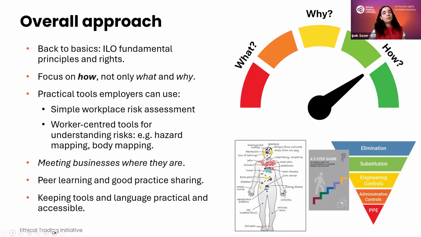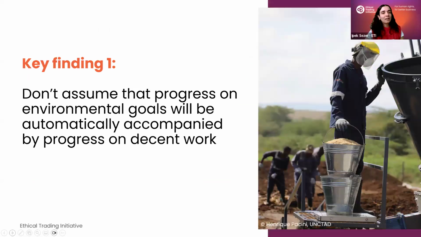The full briefing papers will explore these issues in much more detail, including more targeted recommendations for different actors, including businesses, funders, partner organizations, and lead firms. But for now, we can move to the key findings.